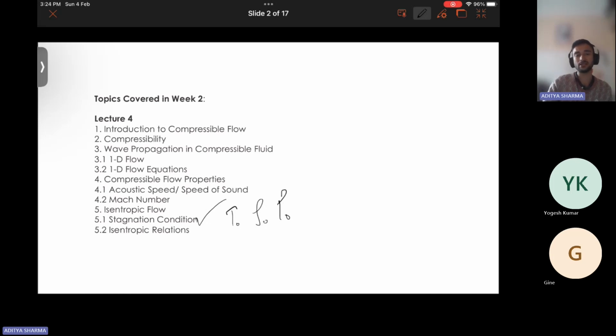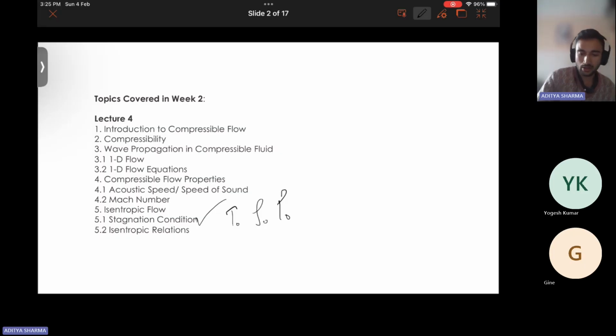Then later in the slides, we went through the isentropic relations for pressure, temperature and density, and in the lectures we went through these relations.